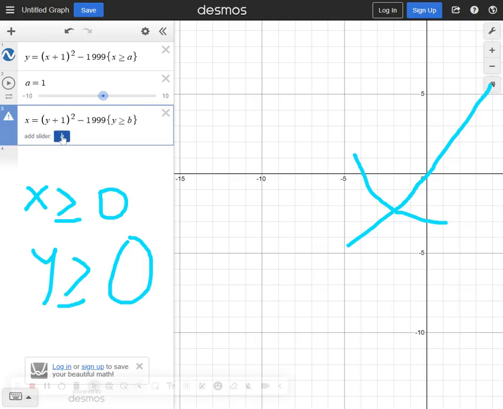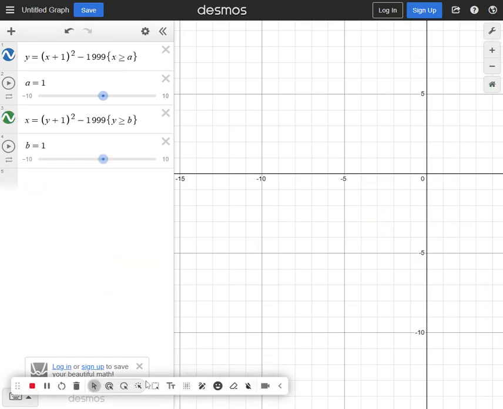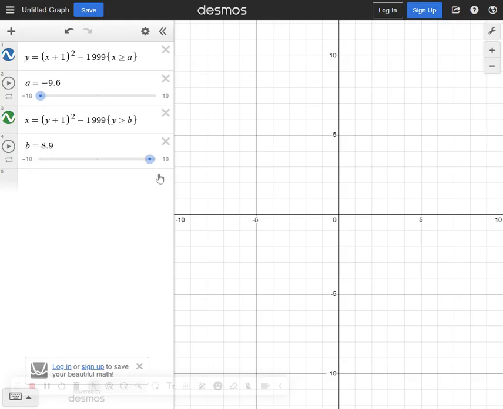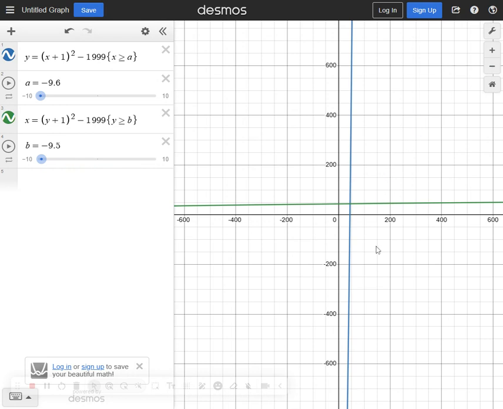So, let me remove this. Alright. Where's the graph? I don't have a graph. There's no graph, right? Because it's 199. So we need to restrict them.